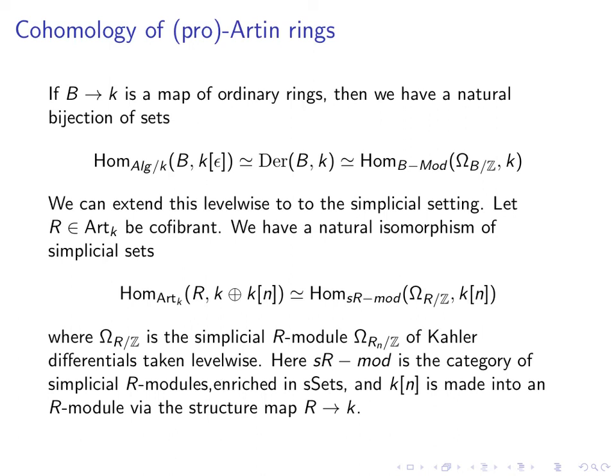Then we have a natural isomorphism of simplicial sets, Hom from the simplicial ring R to this higher dimensional analog of dual numbers, and that's isomorphic to the homomorphisms of simplicial R-modules from the Kähler differentials to K[n]. K[n] is made into an R-module via the structure map of R to K.